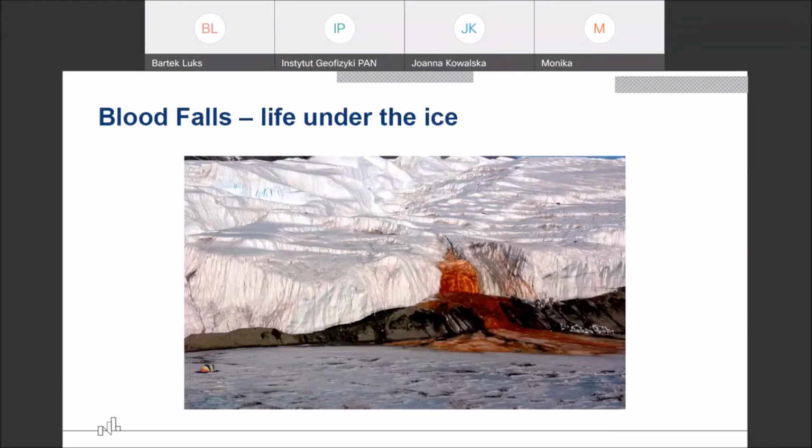For many years, researchers were wondering from where it takes its color, and it wasn't clear till 10 years ago when NASA built a robot called a mole that managed to melt into the ice and look for the source of this red water.